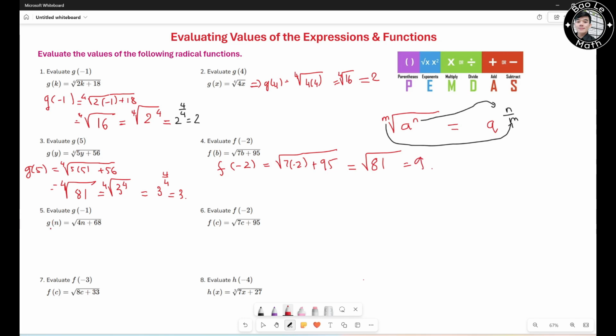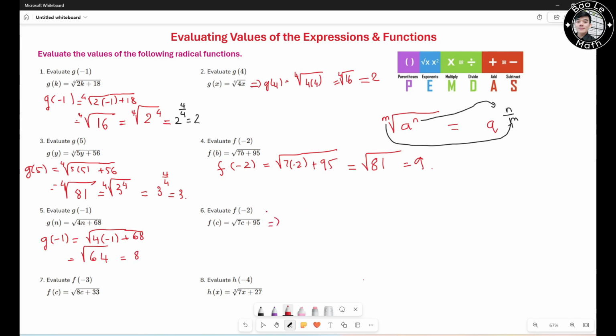Now question number 5, g of negative 1. So g of negative 1 is square root of 4 times negative 1 plus 68, right? So 4 times negative 1 is going to be negative 4 plus 68 is going to be square root of 64, right? So this could be 8.